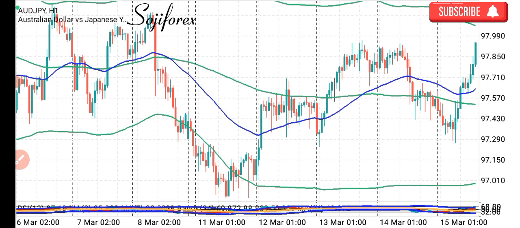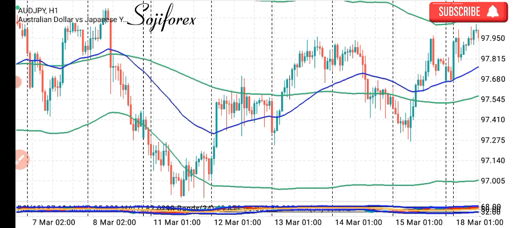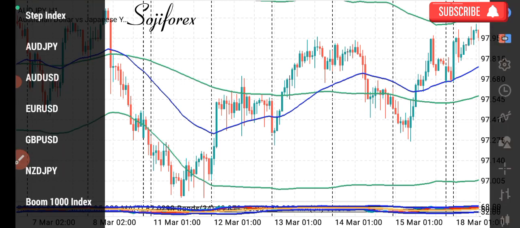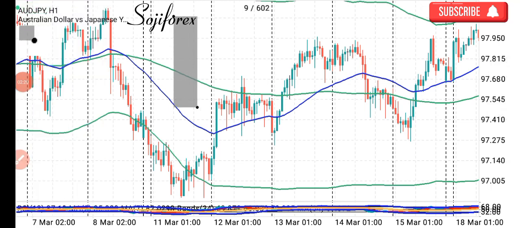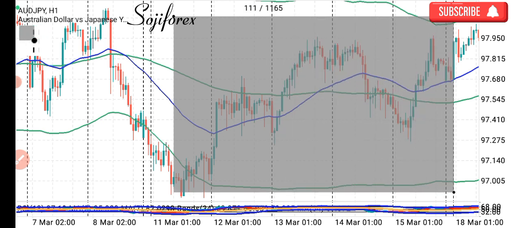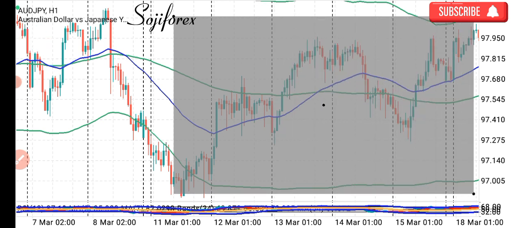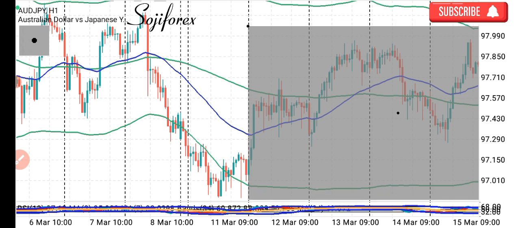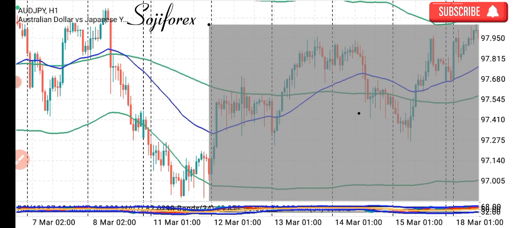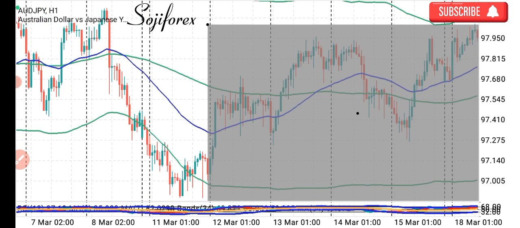So number one condition is we want to identify the trend of this market. Let's assume that when we open this chart, this shaded portion has not happened.